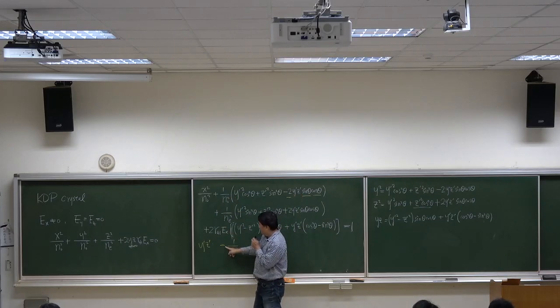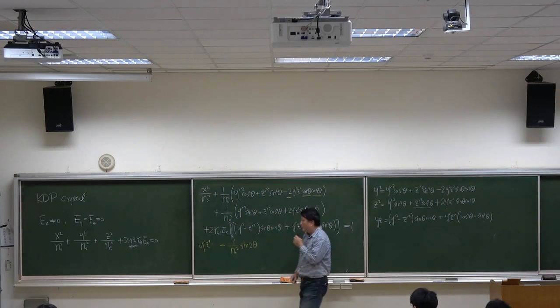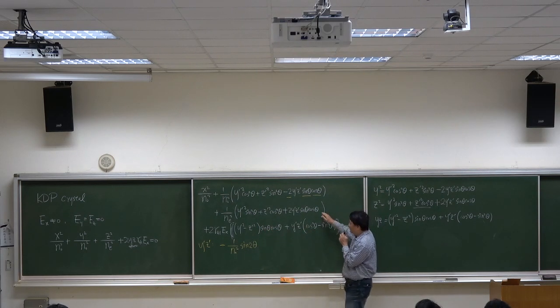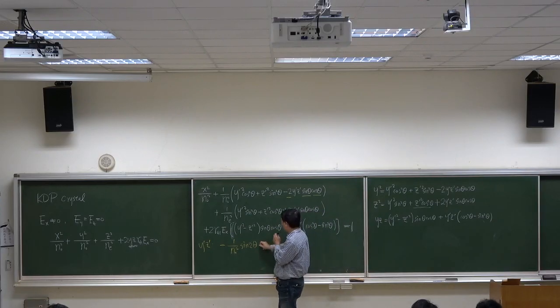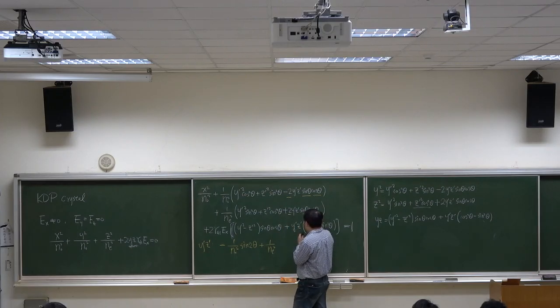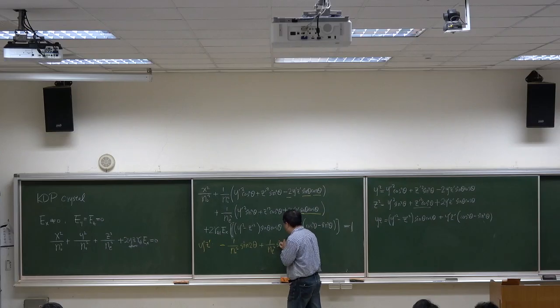So we have minus 1 over no squared times sine 2 theta. Similarly, here we have 1 over ne squared times sine 2 theta.